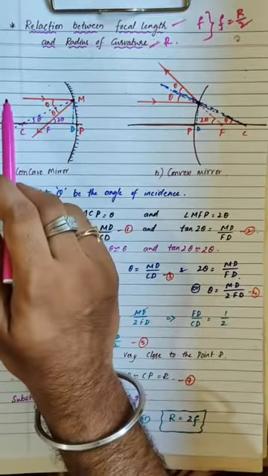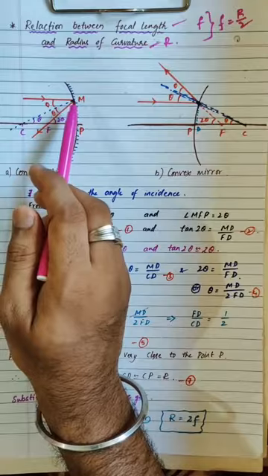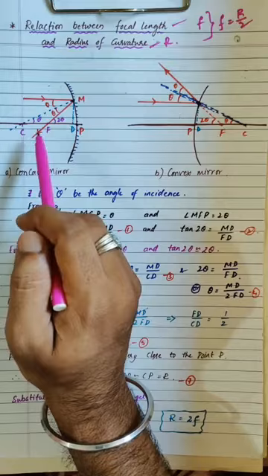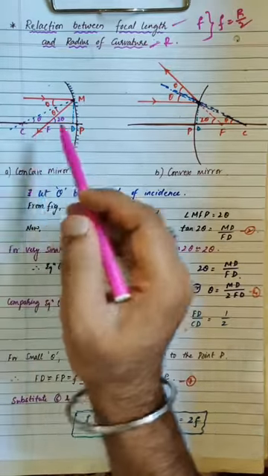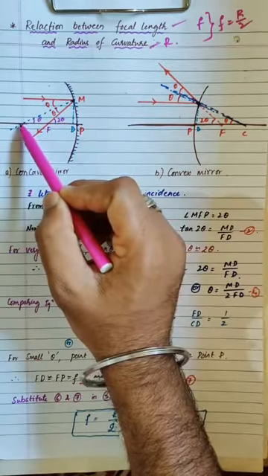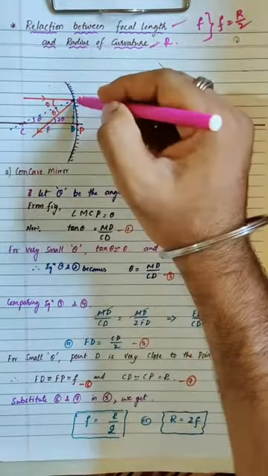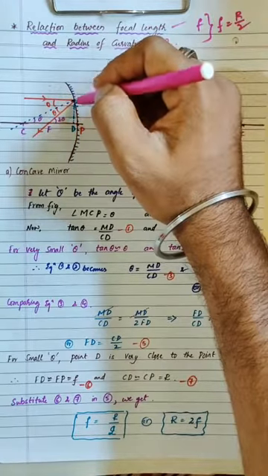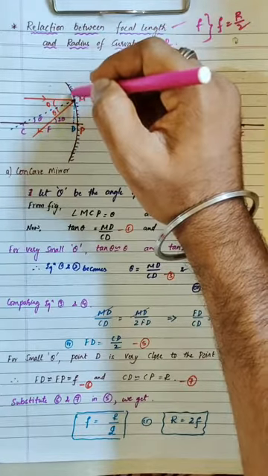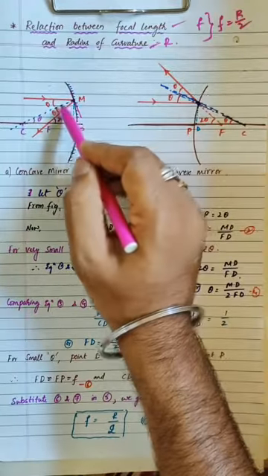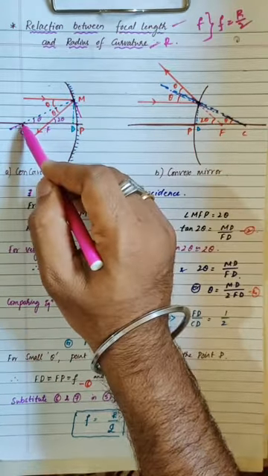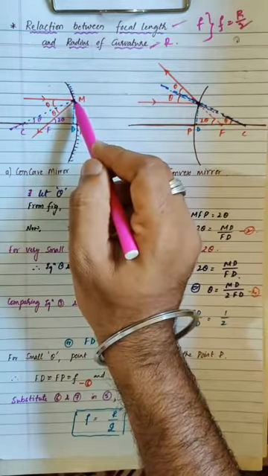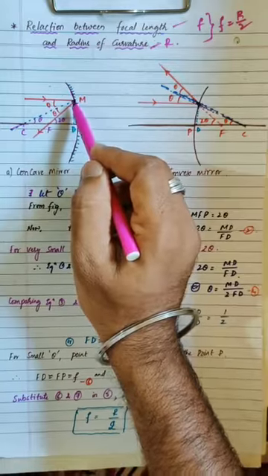Now the ray is coming like this and striking this particular point M. It reflects back and passes through the focus. We should draw the normal at this point. The surface is curved, but at this particular point we can draw a normal, a straight line, which makes 90 degrees with the surface. The line from the center of curvature to any point on the curved surface forms a normal.